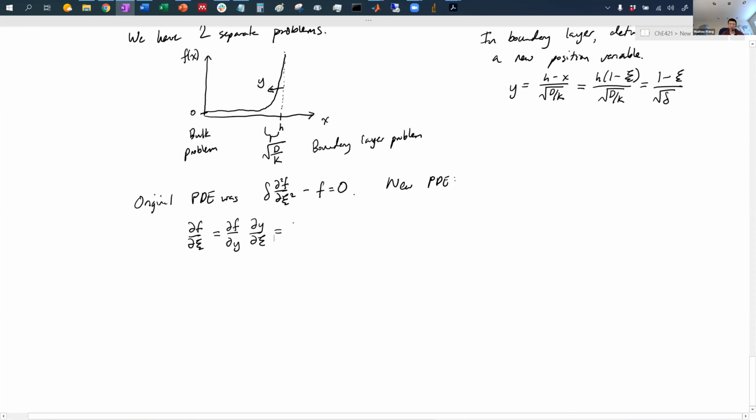That's just minus 1 over square root of delta times df dy. And by the same logic, d squared f dx squared is equal to 1 over delta times d squared f dy squared. Okay? And so if I were to take this and plug this into here, then my new PDE becomes this.